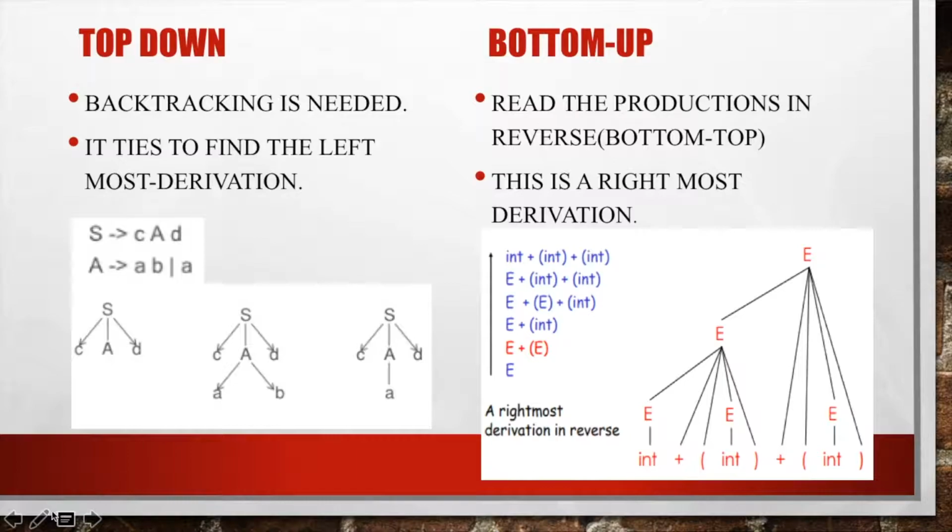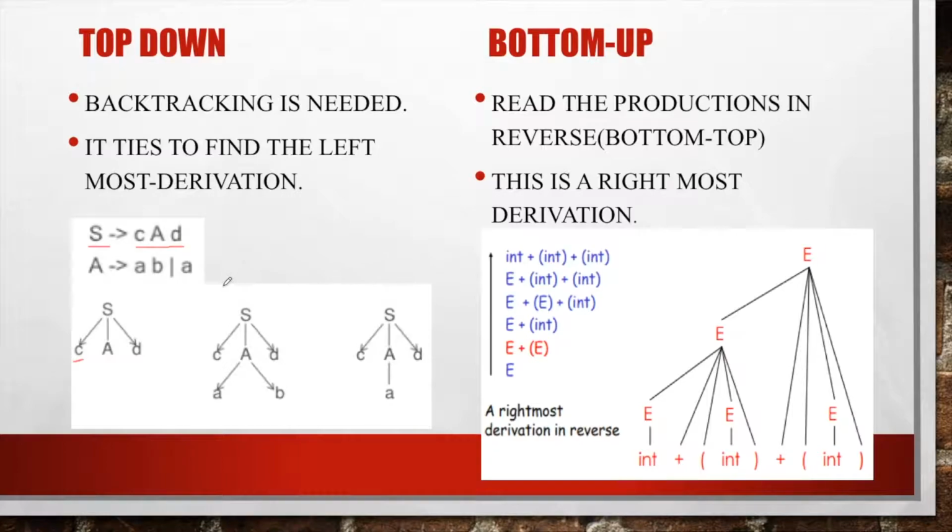So, the top-down parser starts from the start symbol, which is the root node. And here is the input string. It will start with S from the production rules and will match its yield to the leftmost letter of the input, which is letter C. The very production of S, C capital A D, matches with it.